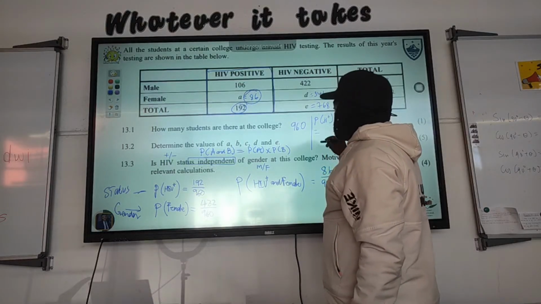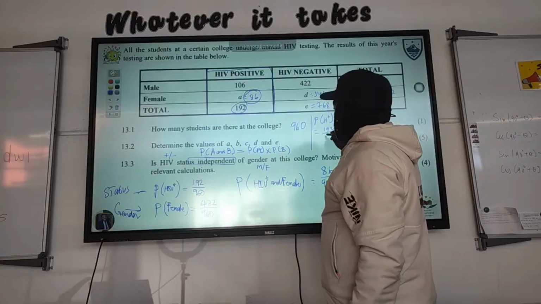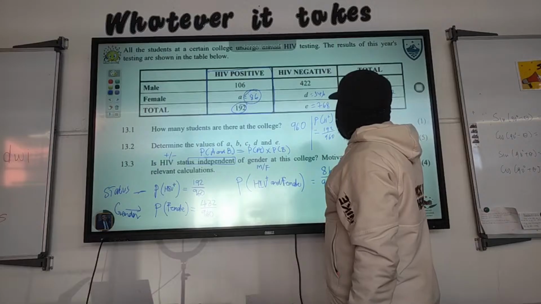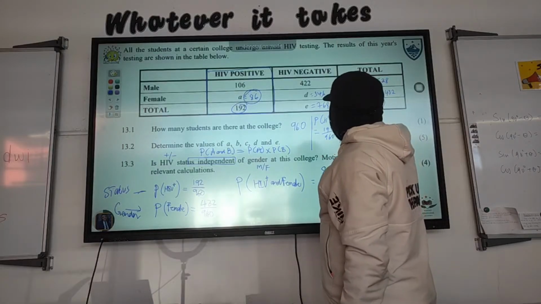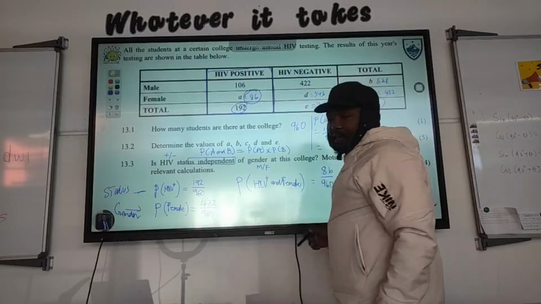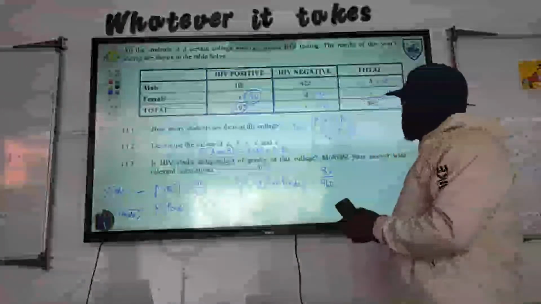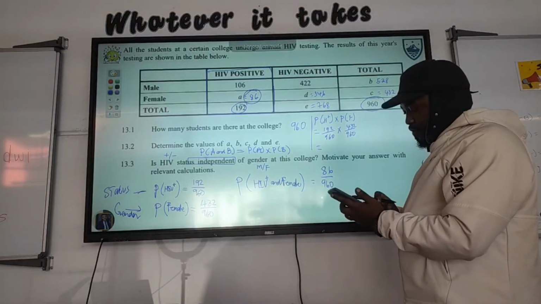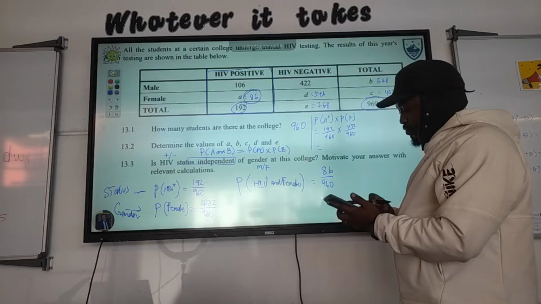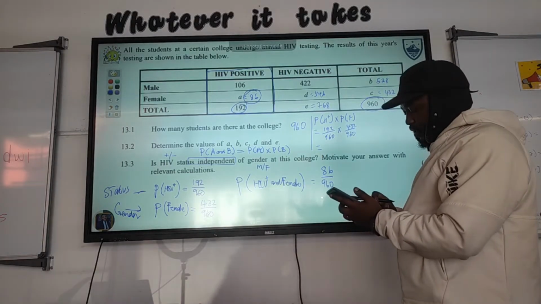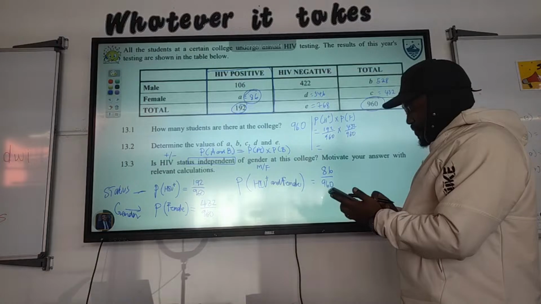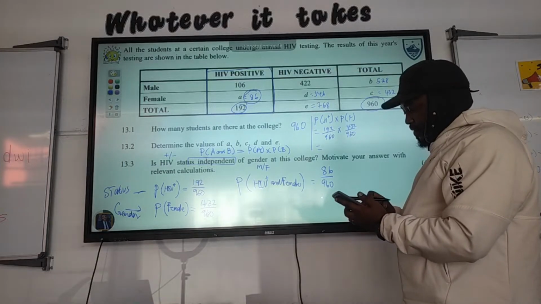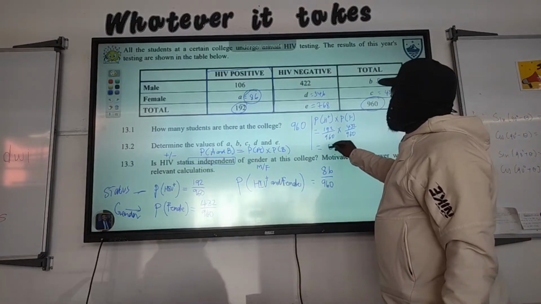You get 192 over 960 multiplied by 432 over 960. That is 192 multiplied by 432 divided by 960 divided by 960 again, and it gave me 0.09.